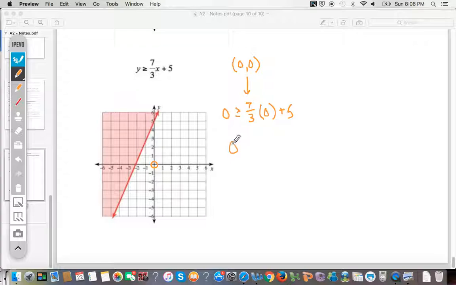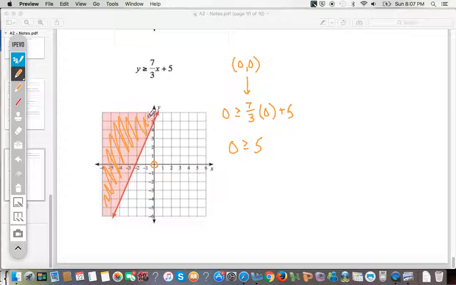Okay, so I do the math. 0 is greater than or equal to 5. 0 is not greater than or equal to 5, so that means I will not shade on this side of the line. I will shade on this side of the line.